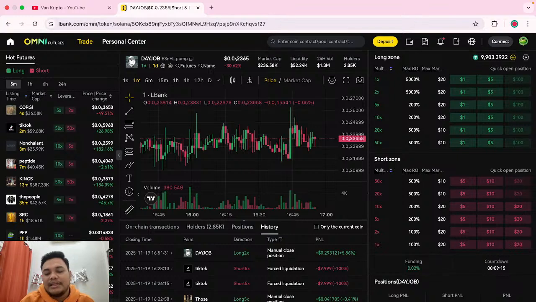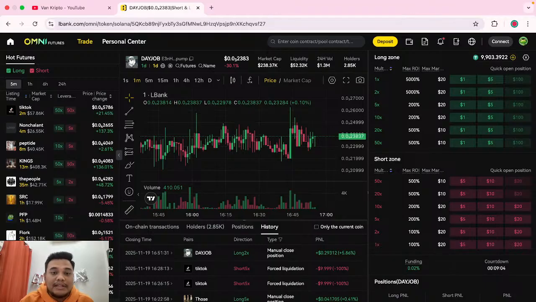It's all automatically set by the LP, or by the person in house in here, because of the isolated margin, which is very interesting.